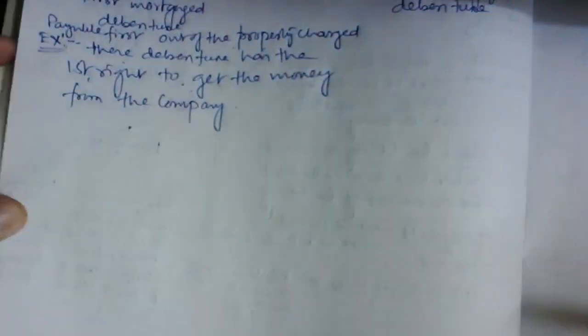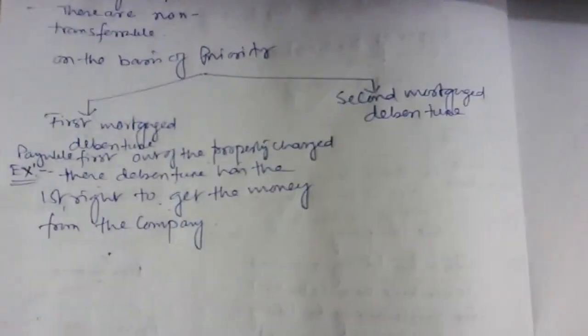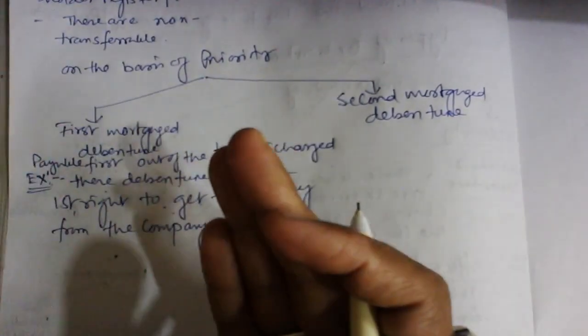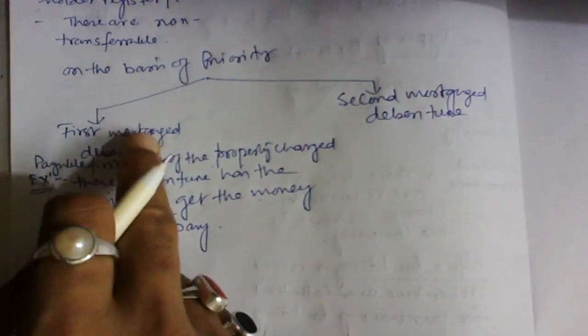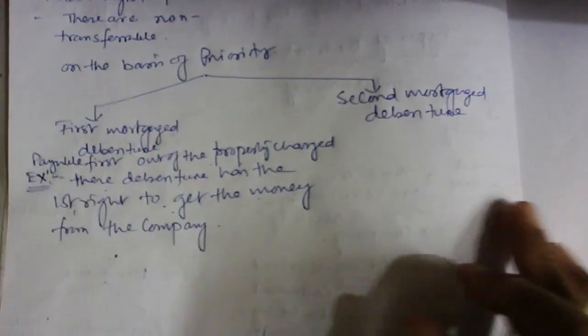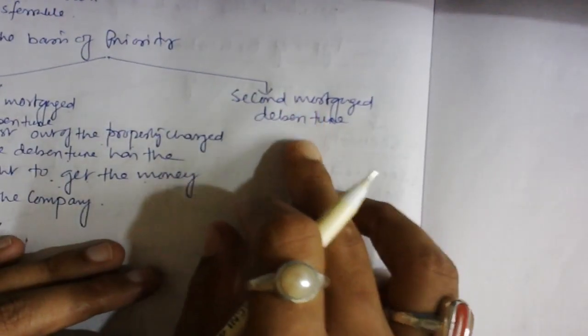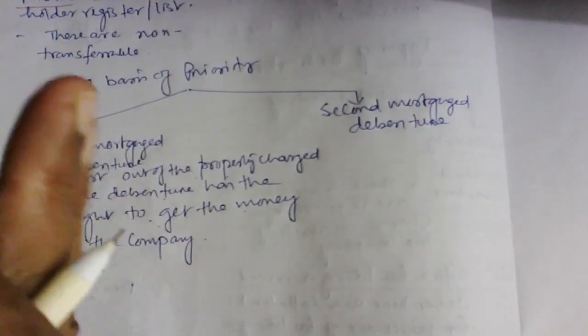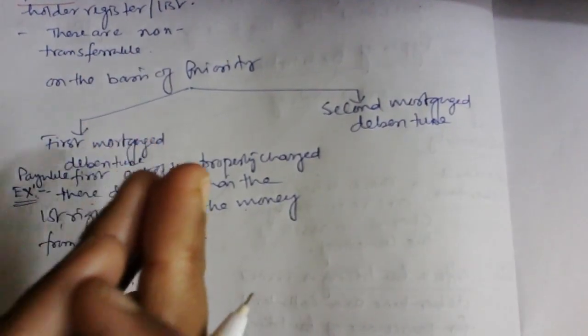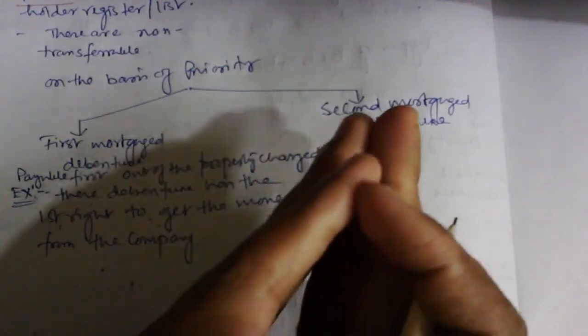In the same case also, when your debenture is secured on any asset and the time comes when you need to repay the debenture holders, at the time of redemption the first mortgage debenture will be repaid first, and the second mortgage debenture will be paid after satisfying the first debenture. When you pay the first debenture, the money left will be utilized for the second mortgage debenture.